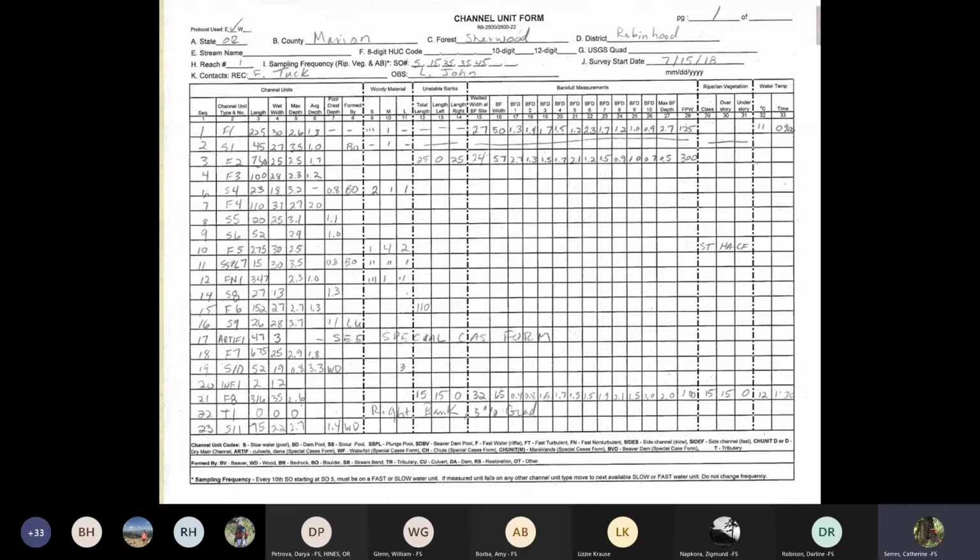So make a decision: if you're going to collect left and right, then make sure that your totals add up to your left and right. But you might redo your data sheet and decide to take out the total length and just use left and right. Again, you want to make sure that you just put zeros in those, because you should be looking at unstable banks on every channel unit.